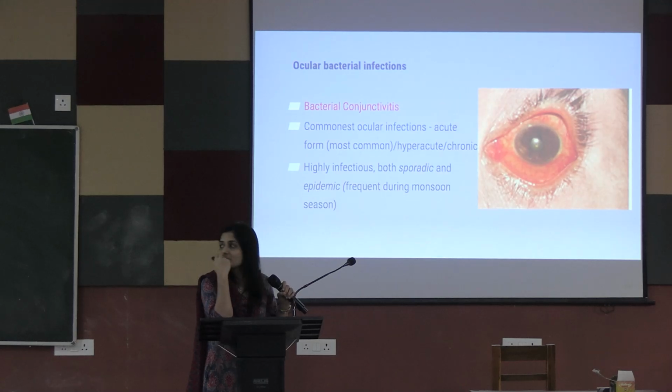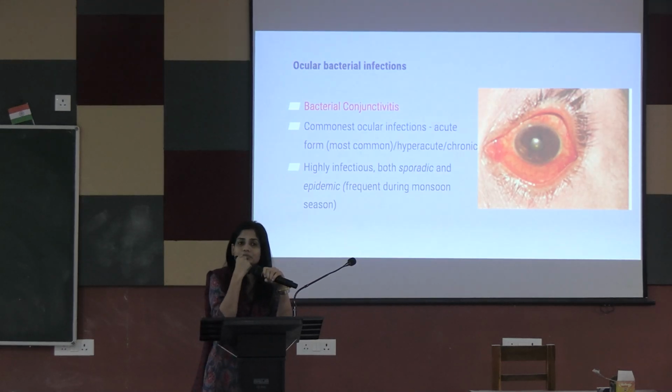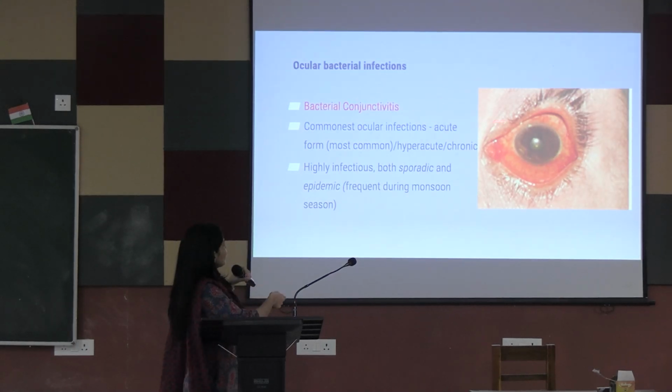What kind of organisms might be the culprit here? Organisms that have very prominent virulence, that are capable of invading the epithelium, invading the mucosa without any injury. What kind of organisms are they? Okay, we'll see that.